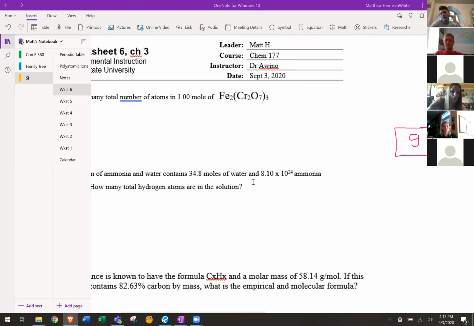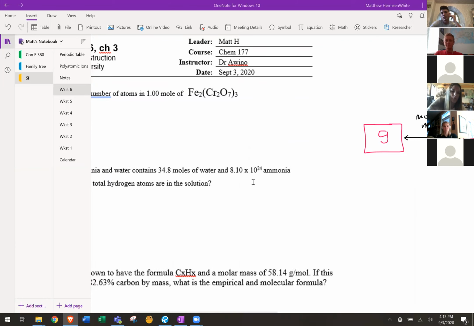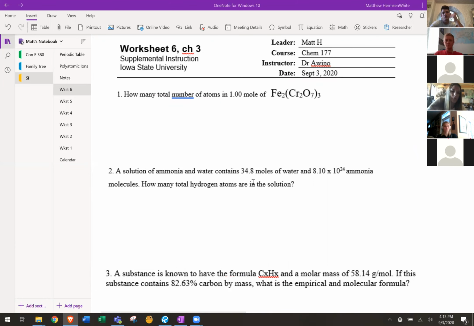Since we only have one mole in number one, wouldn't you just multiply it by 6.022 times 10 to the 23rd? Ben asked about number one. Number one says, how many total atoms are there in 1 mole of iron dichromate? Yes, Ben, you would multiply by Avogadro's number, but that wouldn't give you atoms.